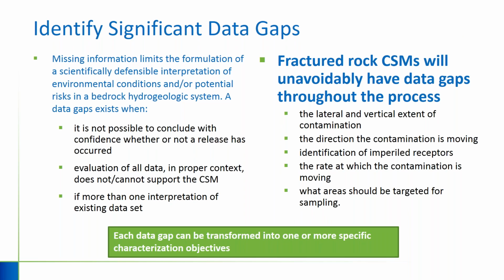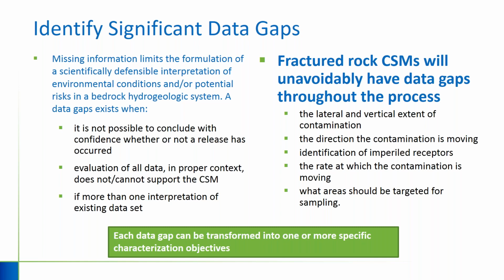So this is something that actually came from the ITRC Fractured Rock Guidance, which came out at the end of 2017. And we included a very similar site characterization process in that document and actually referred to the 2015 integrated site characterization document.